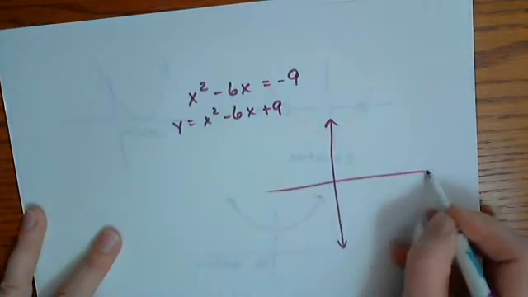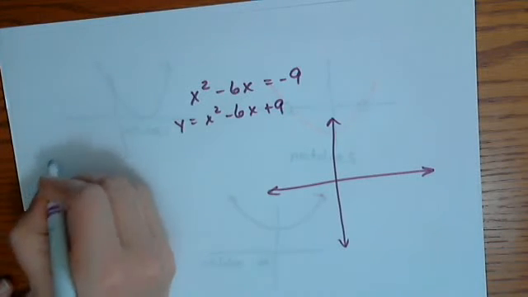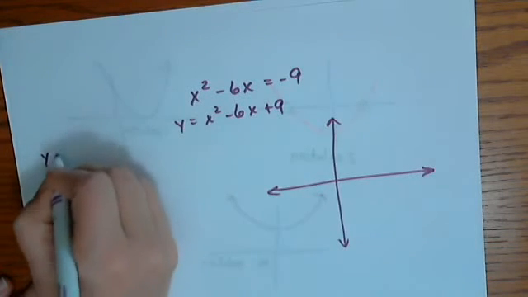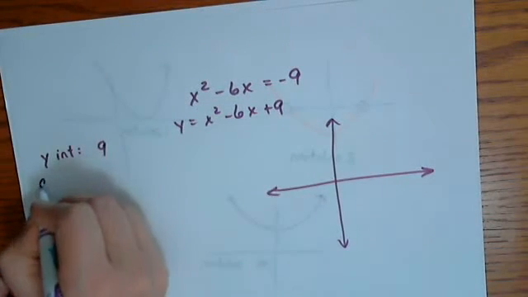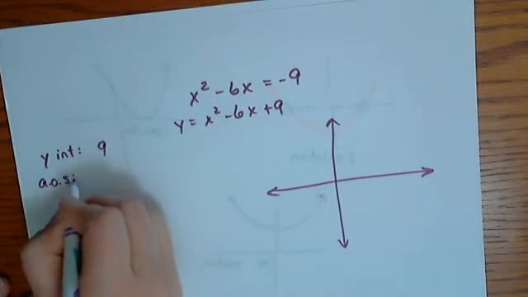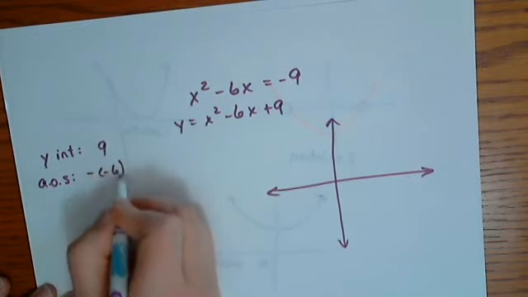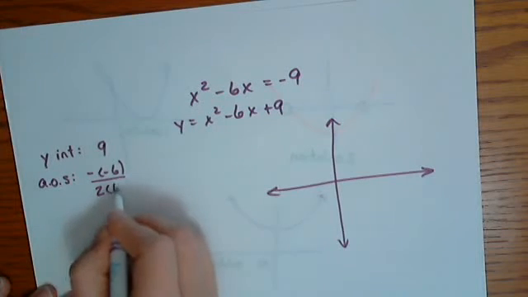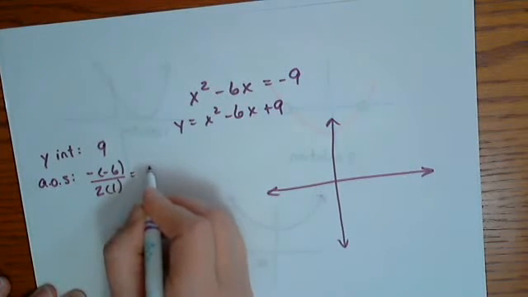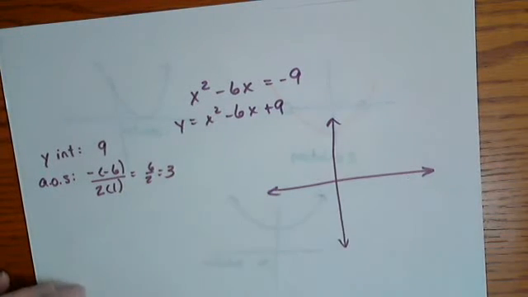Okay. We're going to graph this. First of all, our y-intercept is going to be at 9. That's easy to pick out. Our axis of symmetry, we find by doing negative b over 2a, negative negative 6 over 2, which is a positive 3.